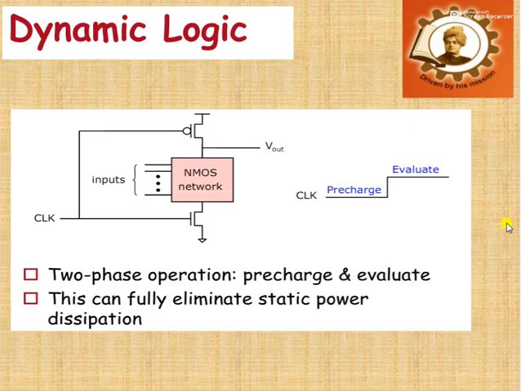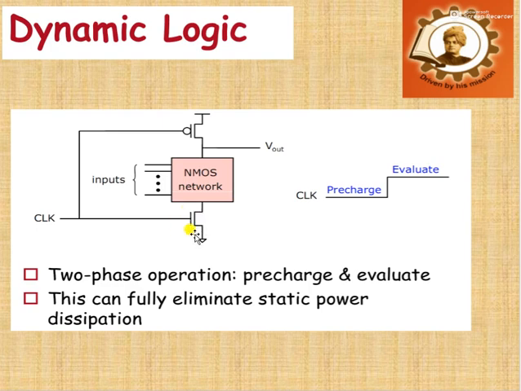That periodic refreshment is required for a dynamic logic circuit, and it is provided through some clock. In the figure, this clock is connected to the PMOS, and it has two phases of operation. One is called the precharge phase, another is called the evolution phase. Here you have two MOS transistors, one PMOS and the other NMOS.